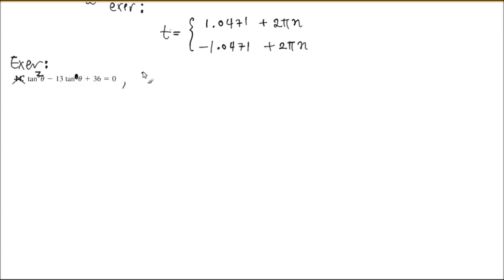So it's tangent squared theta minus 13 tangent theta plus 36 equals 0. So also, I'm going to change that to t. All right. Solve this equation in t. This is a quadratic type. That's the key thing that you're supposed to notice here.